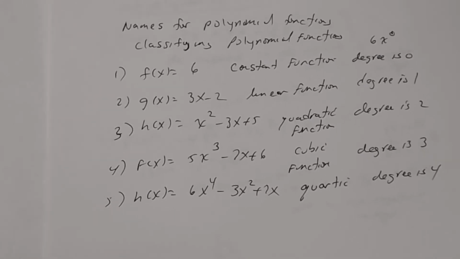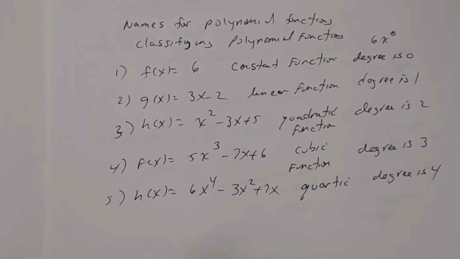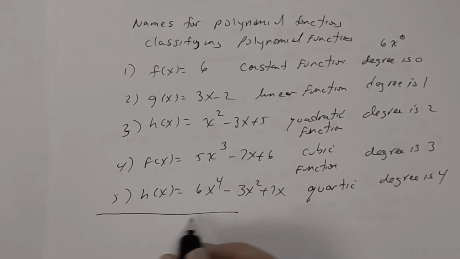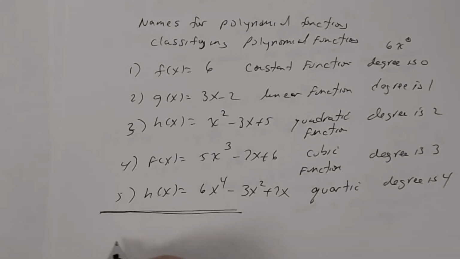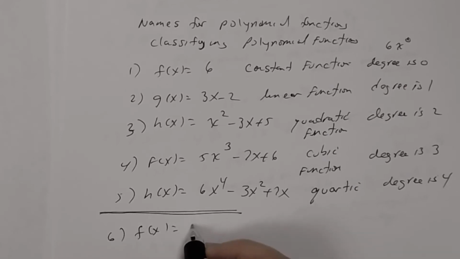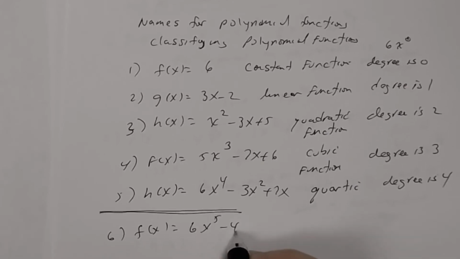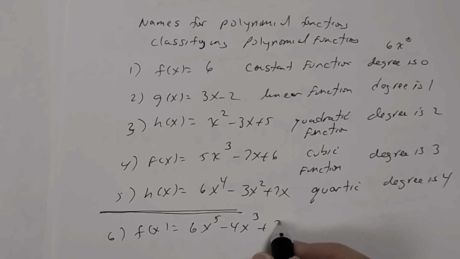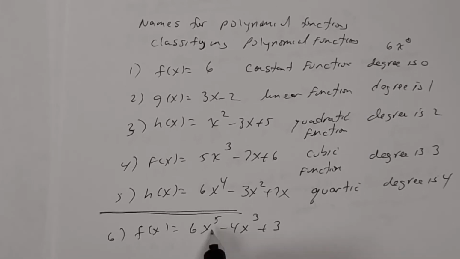Those are the special names. All the other polynomial functions, I'm going to put a little separation here. Number 6, let's say we had f of x equals 6x to the 5th minus 4x cubed plus 3. The degree is 5. That doesn't have a special name.